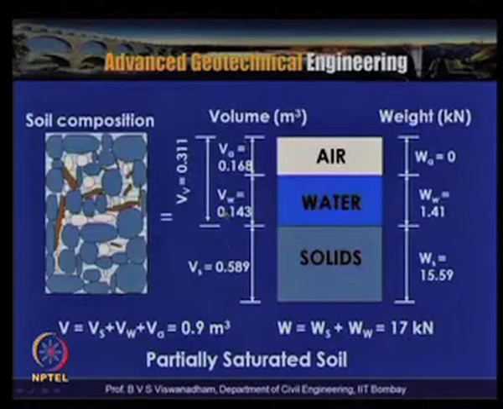Volume of voids is volume of water plus volume of air, which is 0.311 meter cube, and weight of water is 1.41 and weight of solids is 15.59. Total weight of the soil mass is Ws plus Ww, 17 kilonewton, and V is equal to Vs plus Vw plus Va, which is equal to 0.9 meter cube.